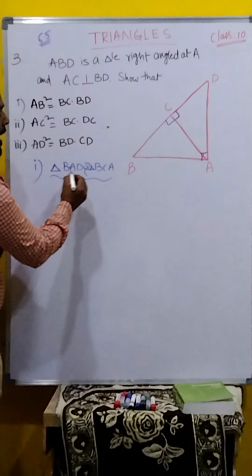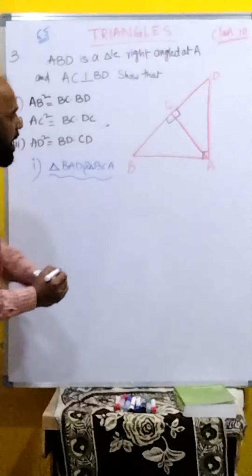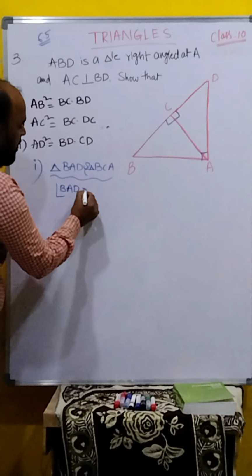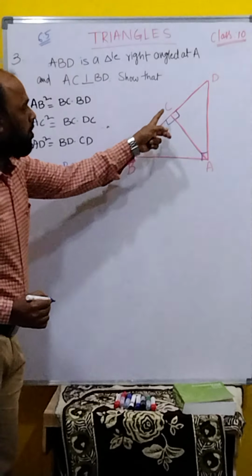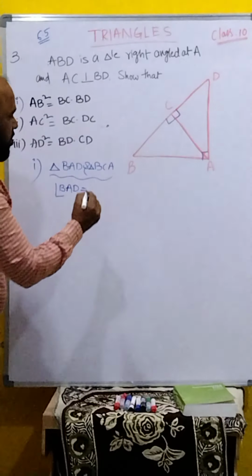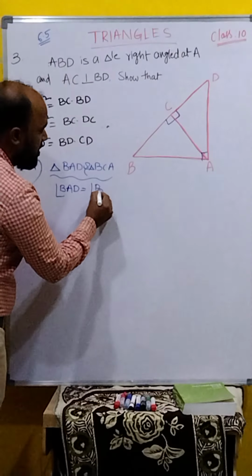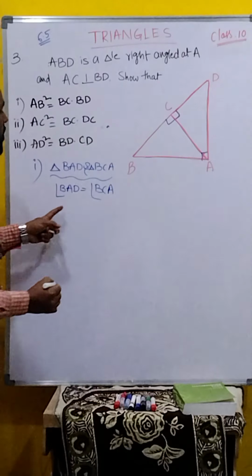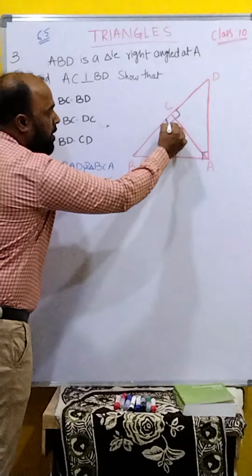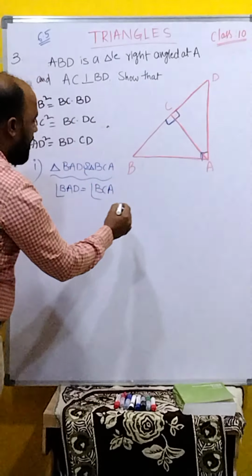Clear children? First, in triangle BAD, angle BAD is equal to angle BCA. Both are equal. What is the reason? Both are 90 degrees. This is 90, here also 90 degrees.